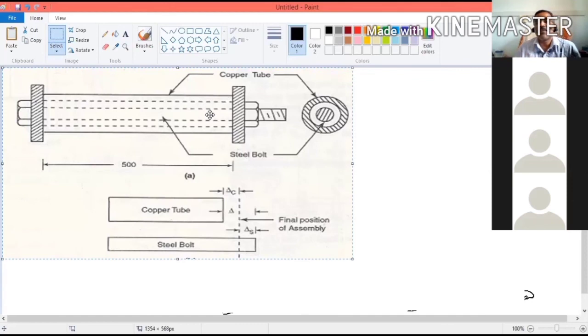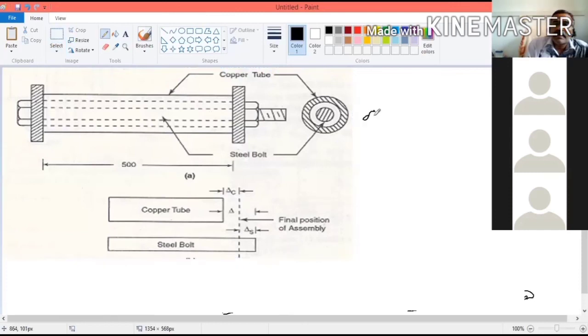Now you have to form the relation between deflection and load. Here there are three deflections. What are all the three deflections? Compression of the copper tube, extension of the steel bolt, and axial movement of the nut. And there is a load in copper tube and load in steel. Using this, you have to form a relation.